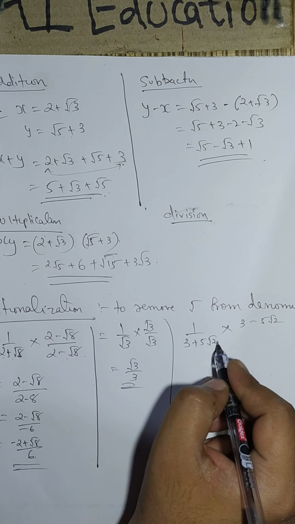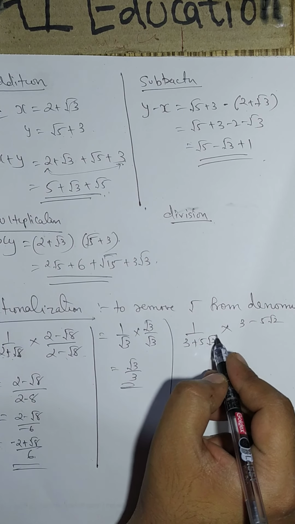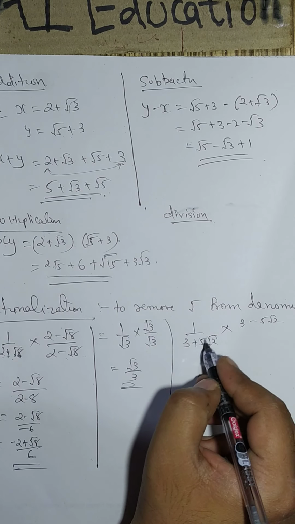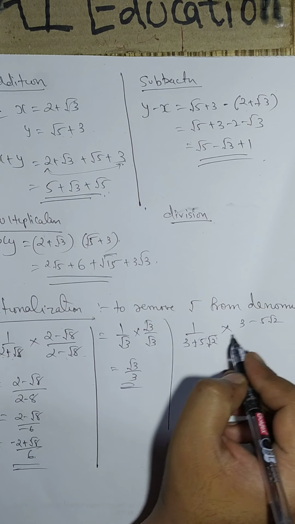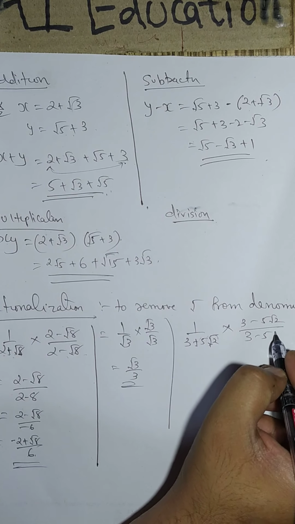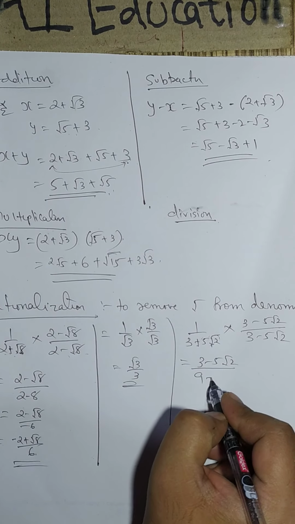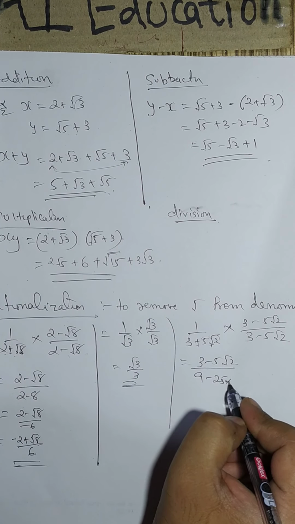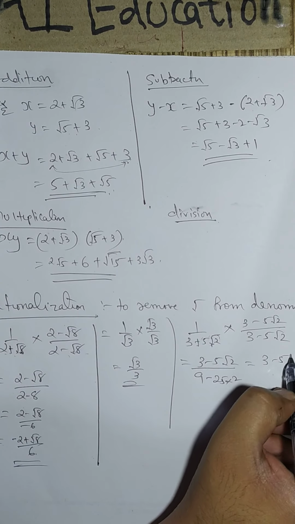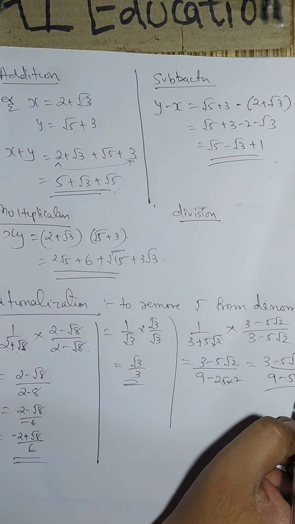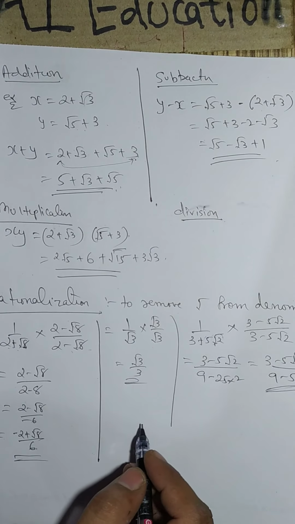Conjugate of the denominator means the additive inverse of the term which has the square root. So this term has a square root, we take its additive inverse. So plus is there, we will take it minus. Again simplifying it, a square minus b square. So that will be 3 minus 5 root 2 upon 9 minus 50. Then whatever further simplification comes in.